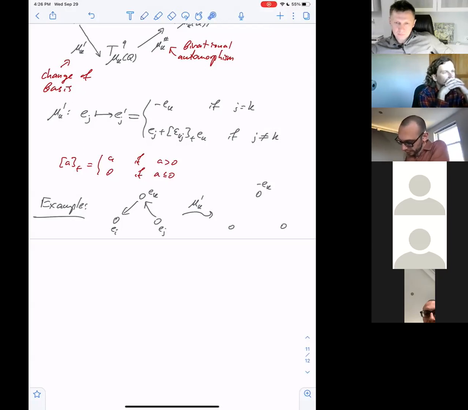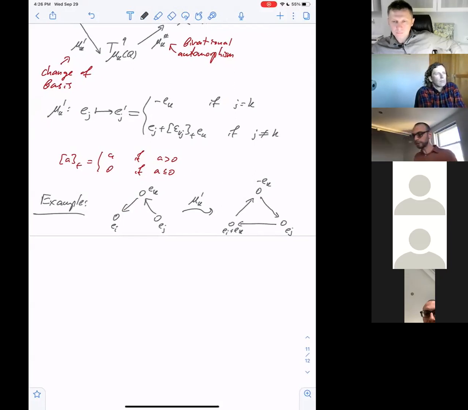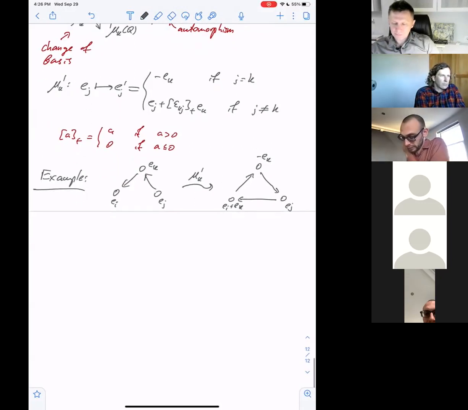Then there was an arrow from k to i, so e_i becomes e_i plus e_k. And there was no arrow from k to j, so this stays e_j. And as you can see, if you just look at commutation relations, at the bilinear form evaluated on this new basis, you get precisely the mutation of the quiver that we promised before. So this is the first part. This is the change of basis.